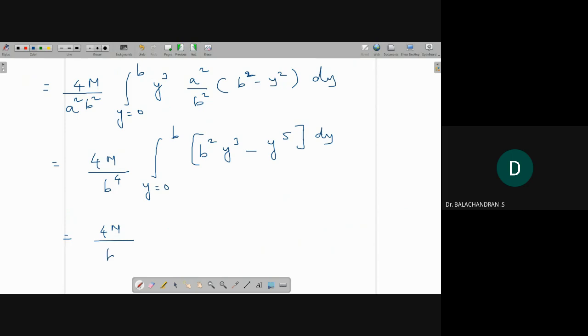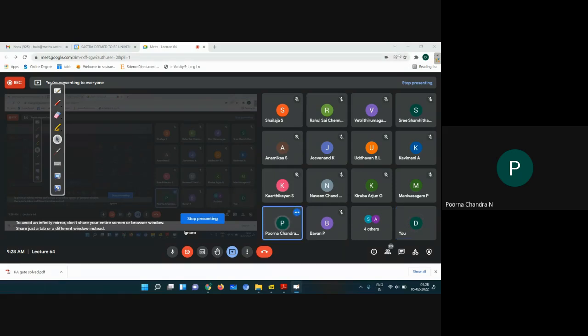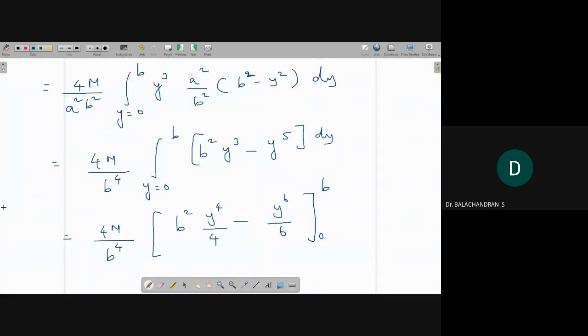Anybody got the answer? B square y power 4 by 4 minus y power 6 by 6. The limit is from 0 to b. Sorry? M b square by 3. Yeah. I'm not getting, the voice is breaking.